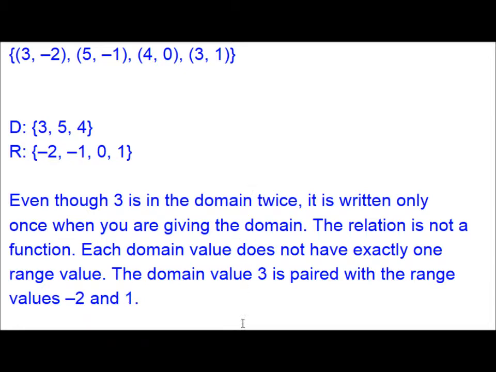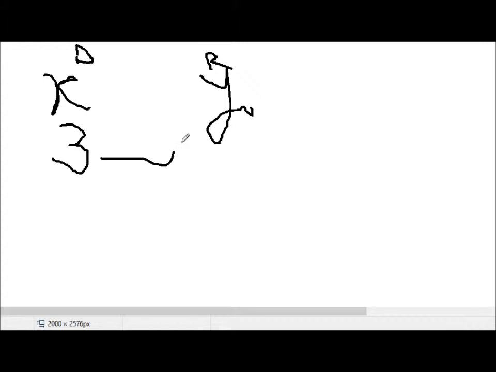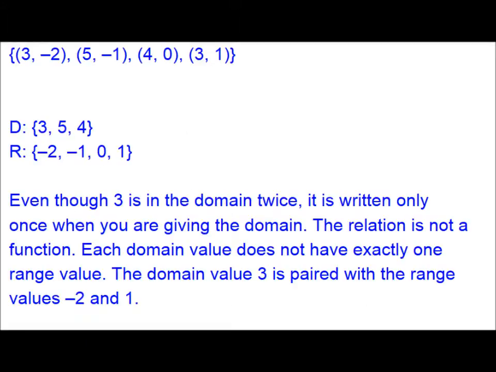If you want to draw it on a graph, you can say here this is x and this is y, or domain D and range R, and 3 here points to -2 and 3 again corresponds to 1, as seen in the example.